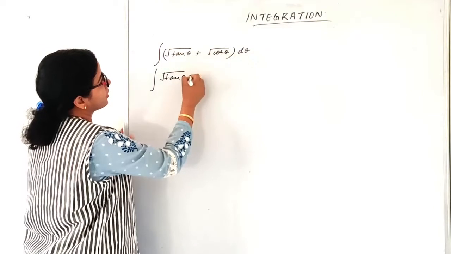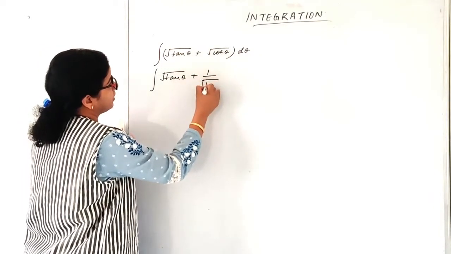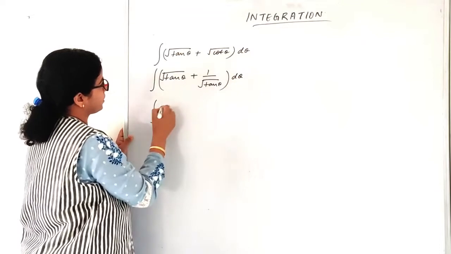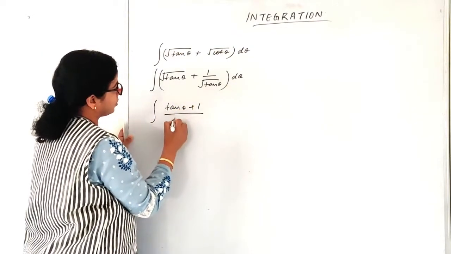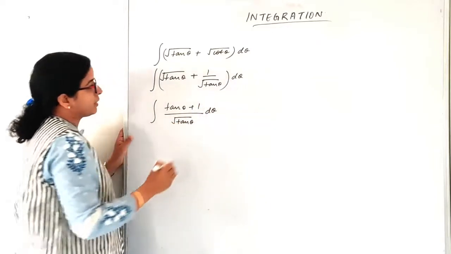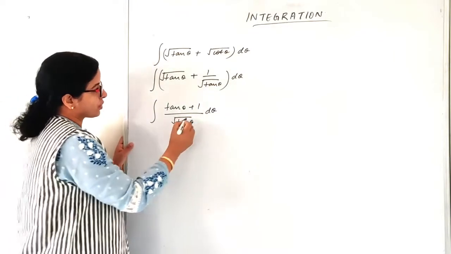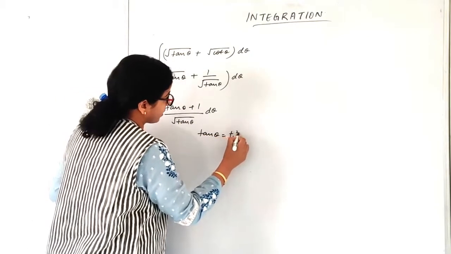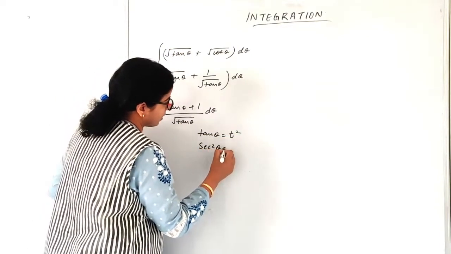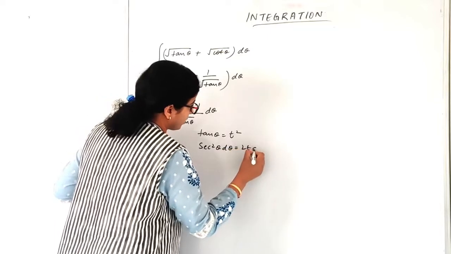So we'll convert this as 1 by root tan theta d theta. So it will become tan theta plus 1 upon root tan theta. Now see students, how to do this type of question. We'll take tan theta as t square. So it will become secant square theta d theta is equal to 2t dt.